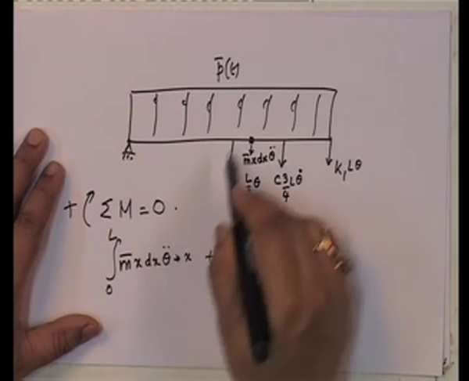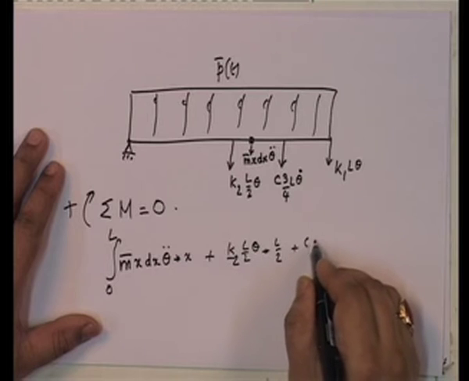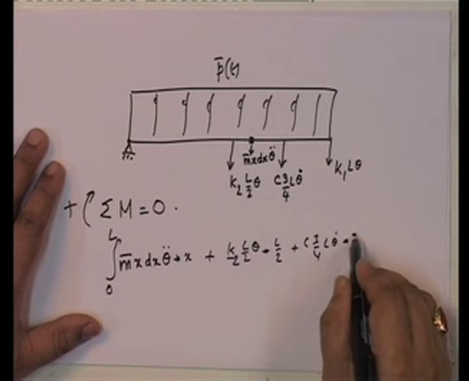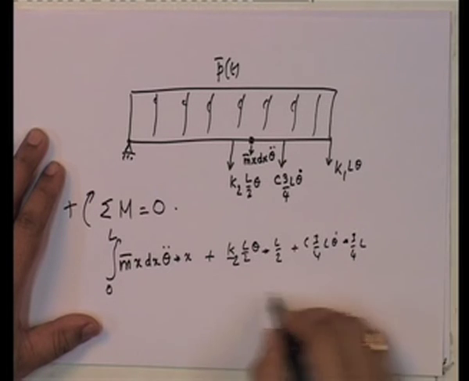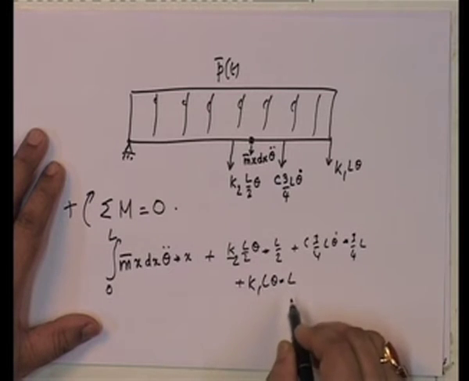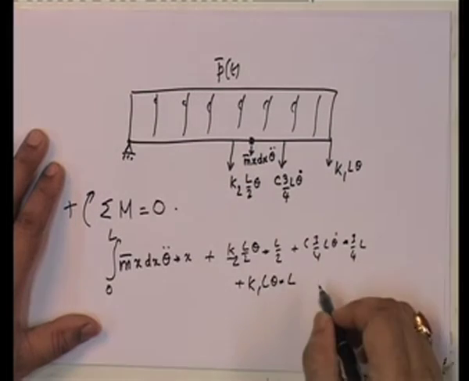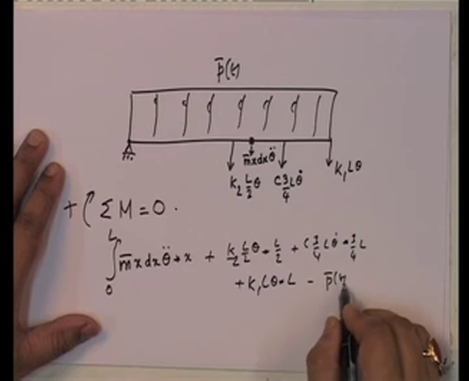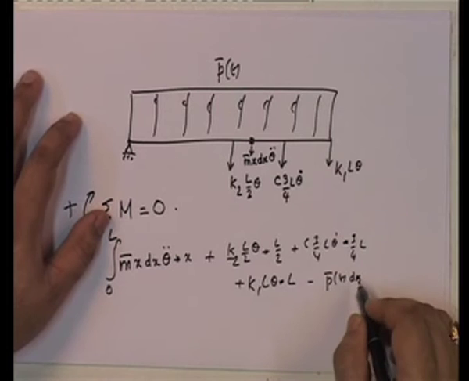So, this is clockwise, this is clockwise, this is also clockwise, 3/4 L theta double dot into 3/4 L, that is the moment, plus K1 L theta into L. And then this one is anticlockwise, so I have minus P bar t dx, which is a load at any point x.